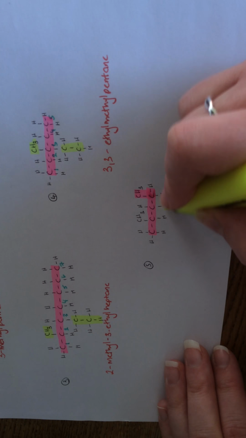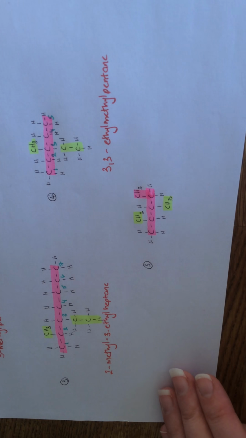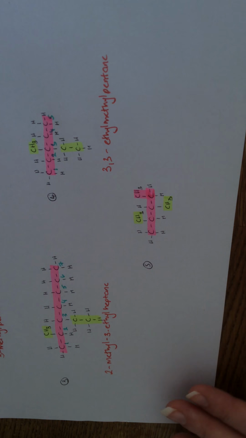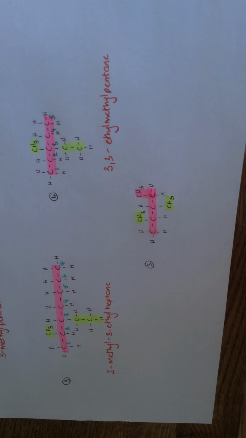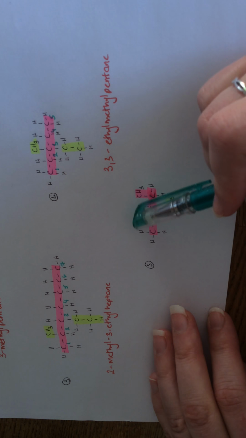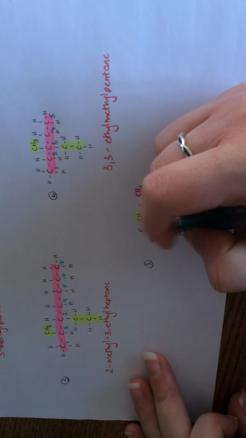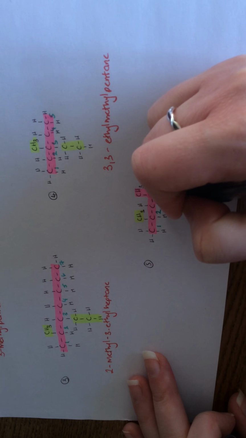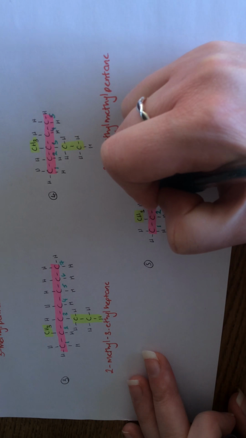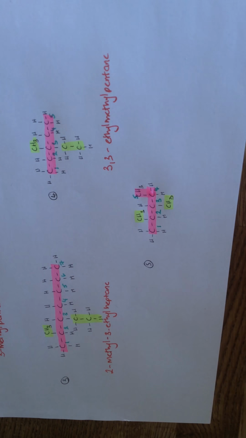Are there any branches then? Yes. There are 2 branches, and they're the same type of branch. Great. What side are they closest to? This one here starts 1 away from this side, whereas this one starts 2 away. So we're going to number from the left: 1, 2, 3, 4, and 5.